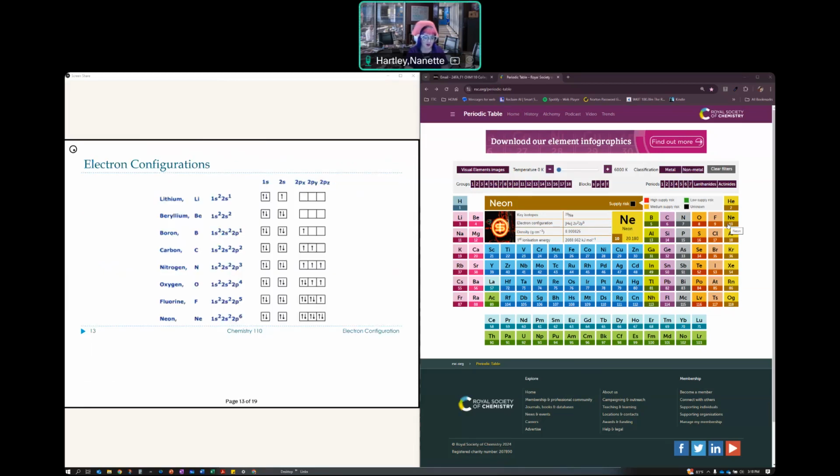So that takes us through all of these. 1s2, 2s1; 1s2, 2s2; 1s2, 2s2, 2p1. And again, as we're filling, we have 2p3, then we have 2p4 where we're pairing, and then all the way down to the 2p6 where everything is paired.